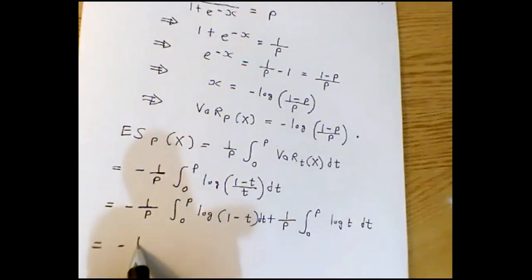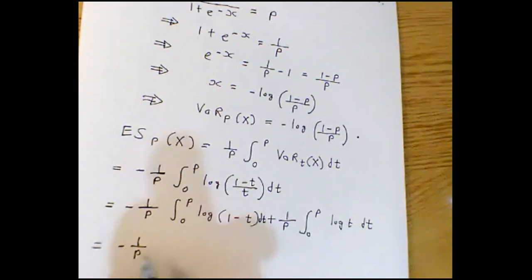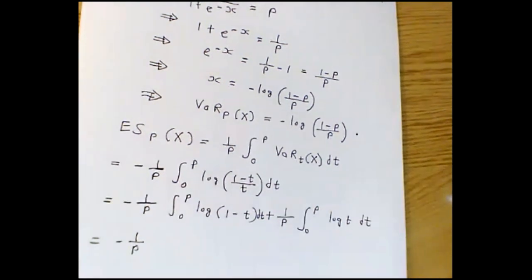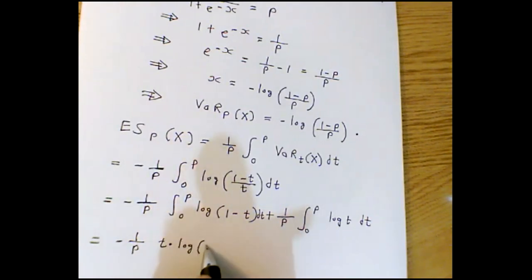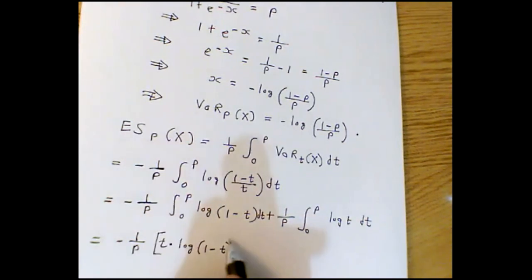So let's see what we get. I know integration by parts can be messy sometimes. So here you will get t times log, correct me if I'm wrong, it's possible that I might make some mistakes.